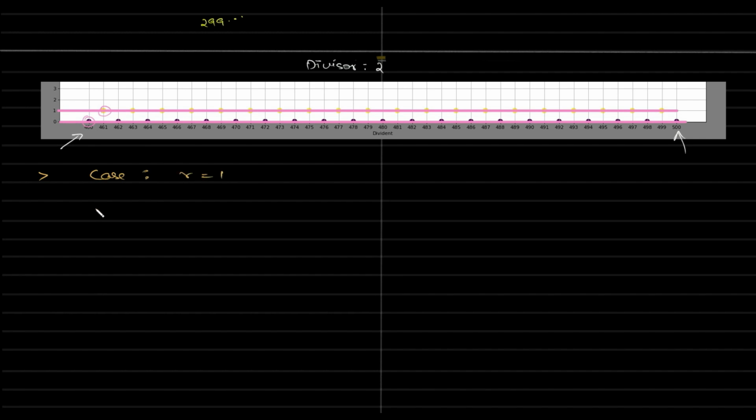Now the case when the remainder is 1. What happens to the equation? The equation will be a is equal to 2 into q plus 1. So we know that this is an even number, plus 1, which is an odd number, will give me an odd number. Right?